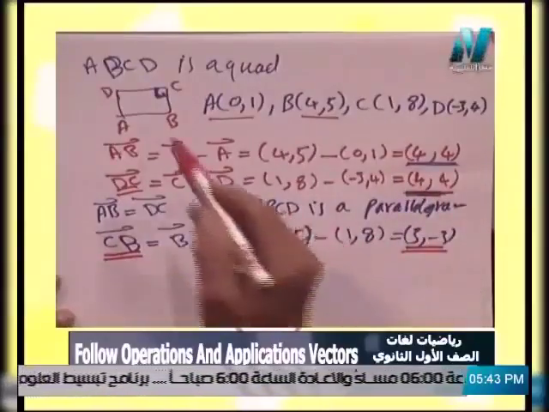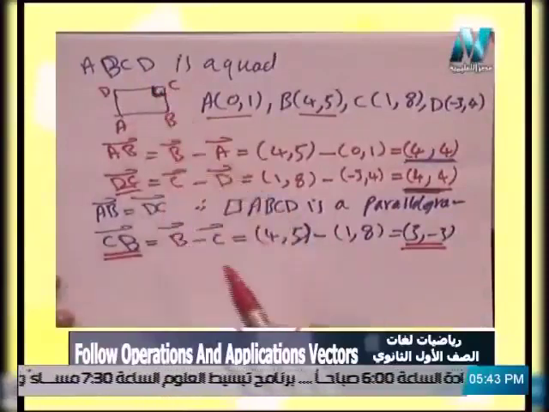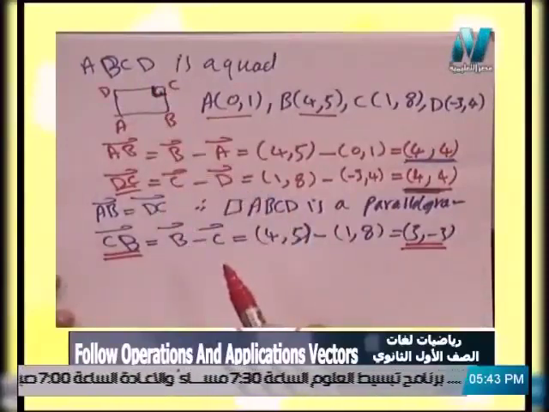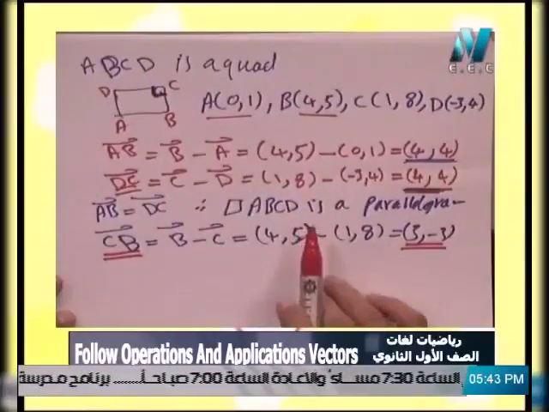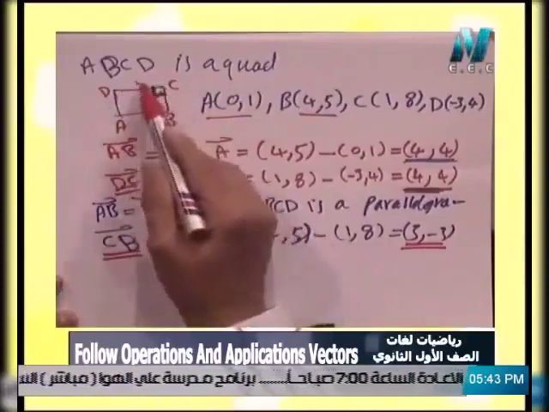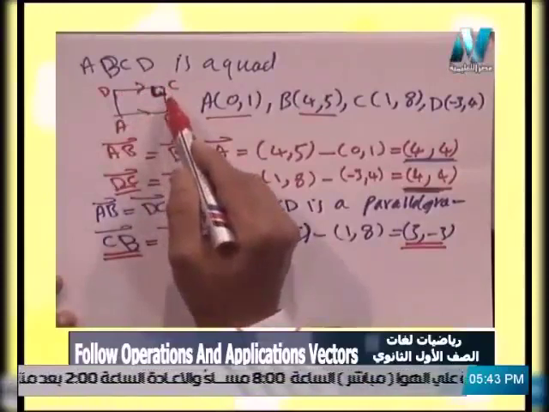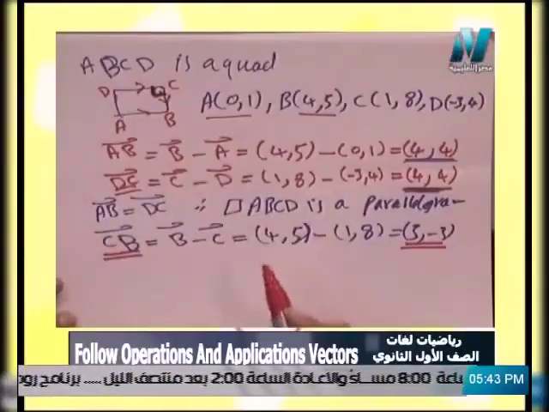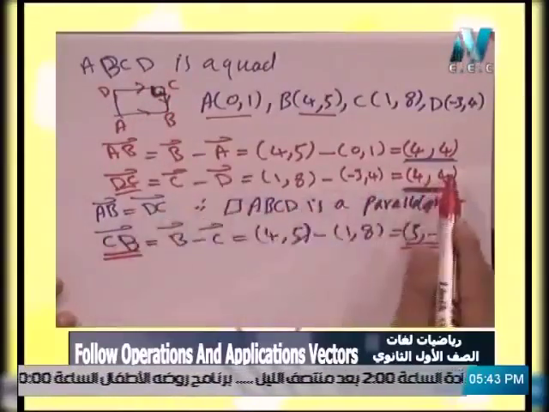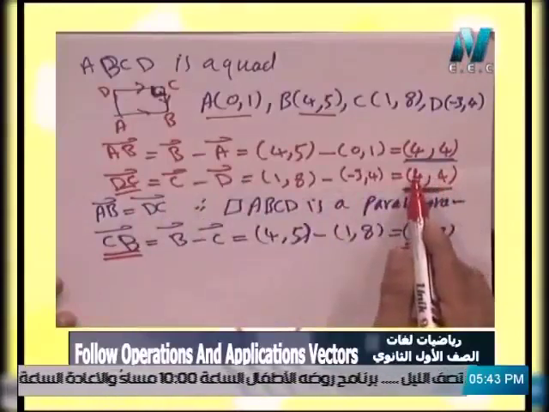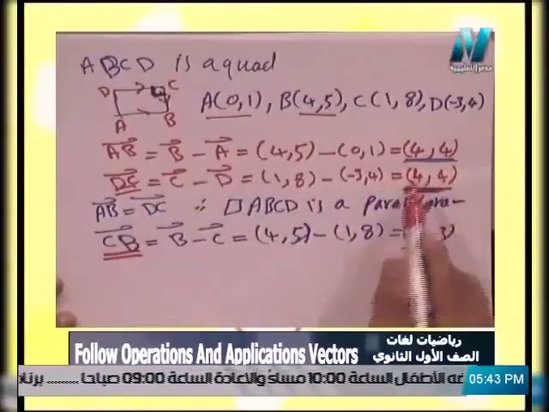To prove that this angle is right, we have to find the slope of DC and the slope of CB.